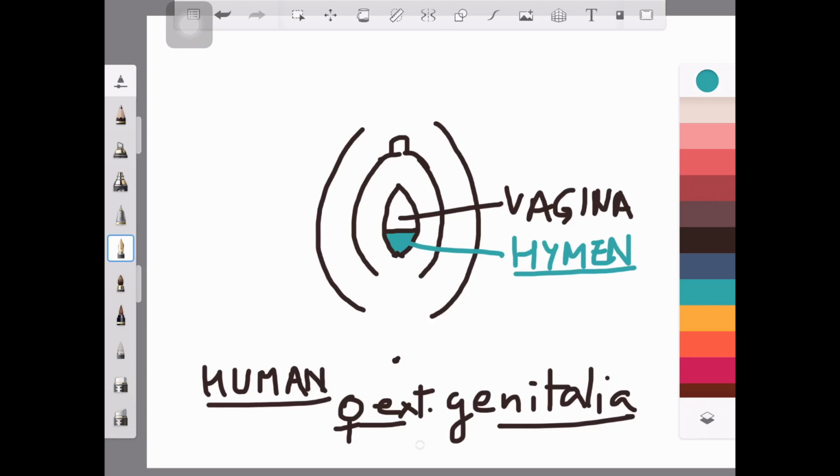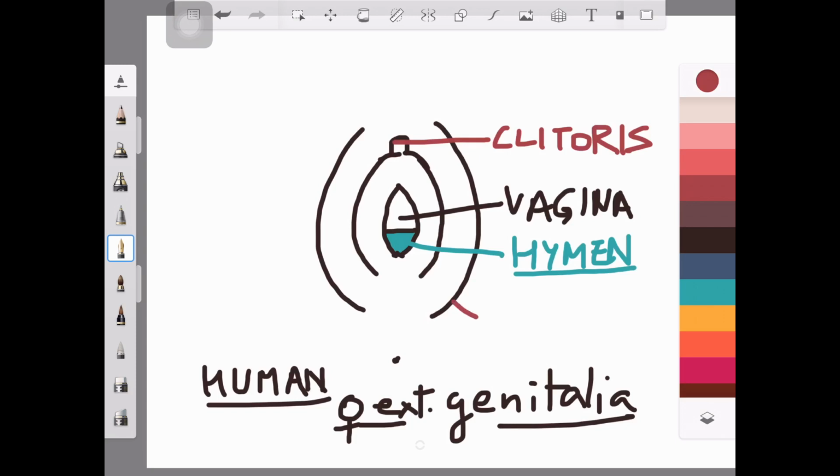Now, apart from that, more diagrams and labeling. This is clitoris, a muscular part, and then there are two lobe-like structures.